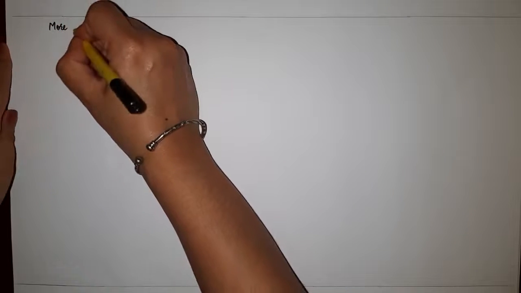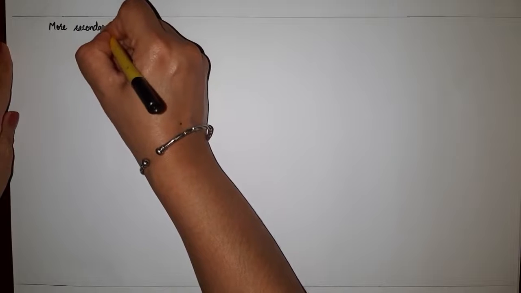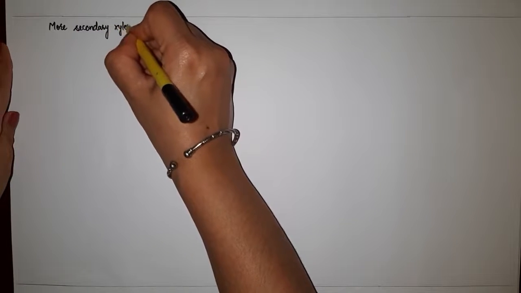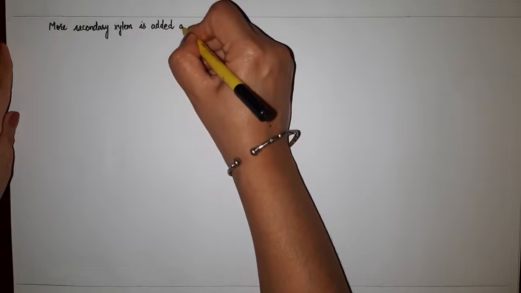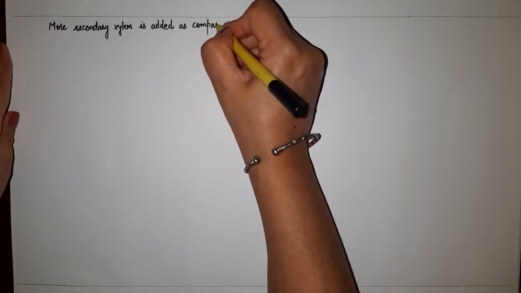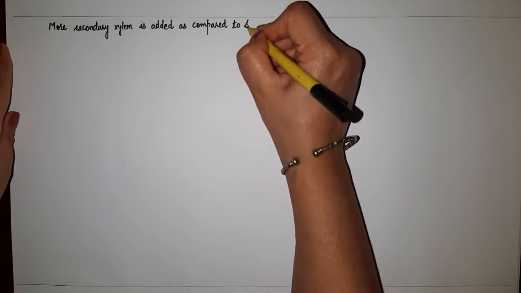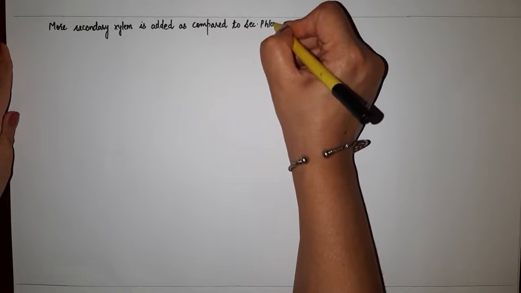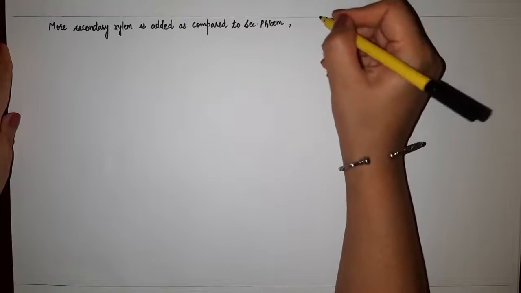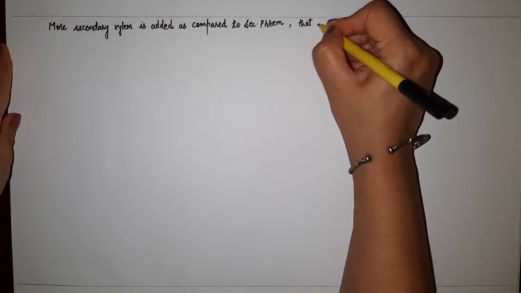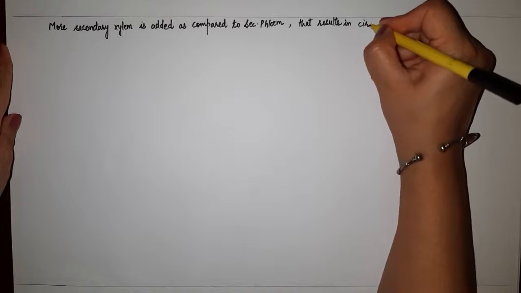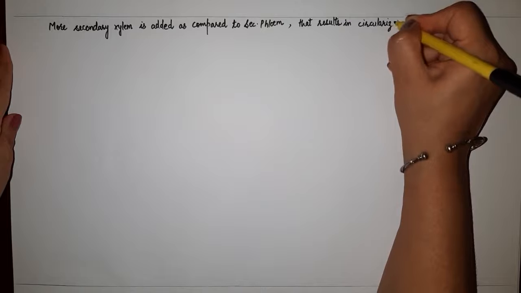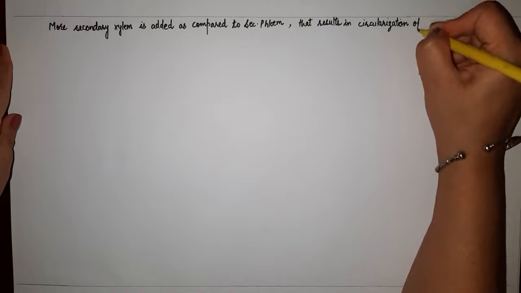So that is the reason why more secondary xylem is added as compared to secondary phloem, and that results in circularization of vascular cambium.